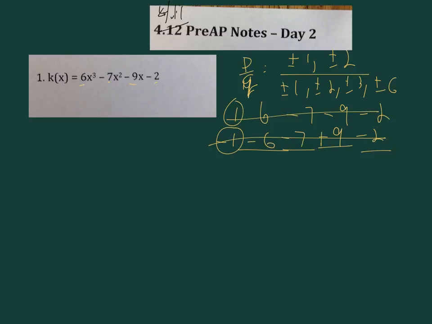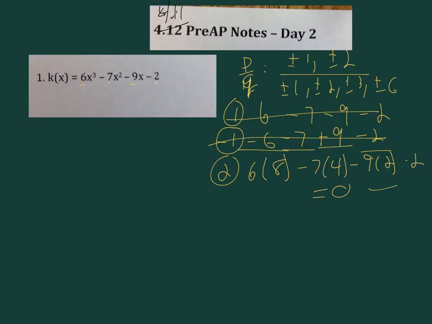So let's keep going, and let's try with 2. If I try 2, that would be 6 times 8 minus 7 times 4 minus 9 times 2 minus 2. Now, when I put this in my calculator to simplify, we get 0, which means that 2 is a solution to the polynomial.